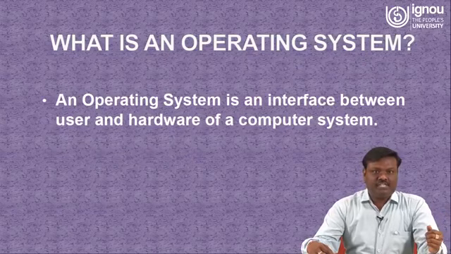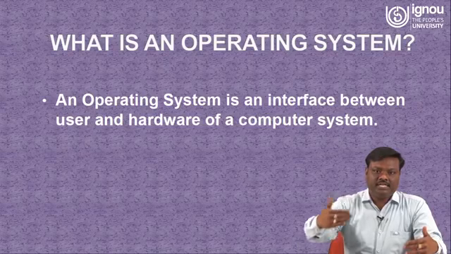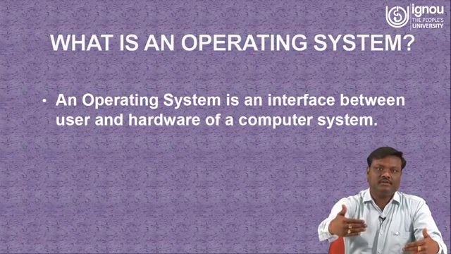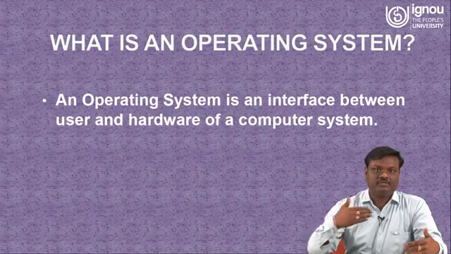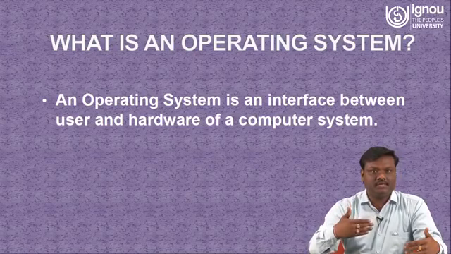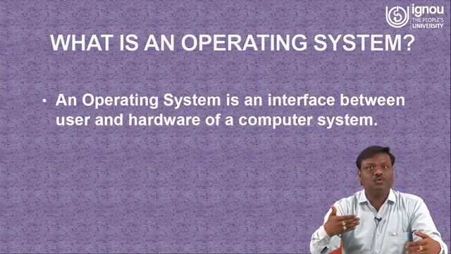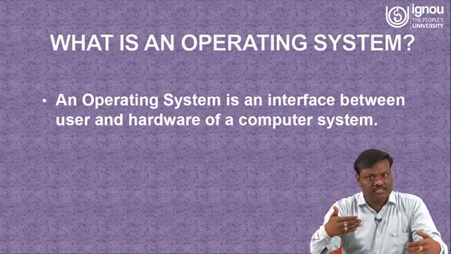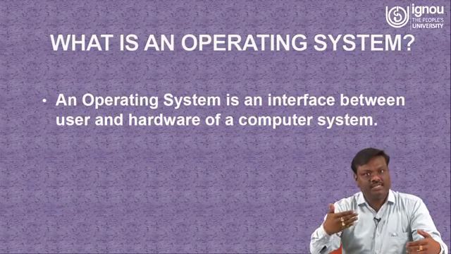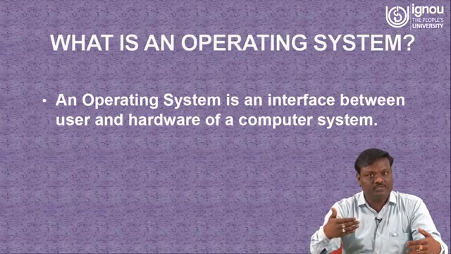So, let us define the operating system, and by now you have understood that it is standing in between the user and the computer hardware. Whatever the user tries to tell, in turn the OS is listening to it and activating the necessary resources or programs to do our intended work.